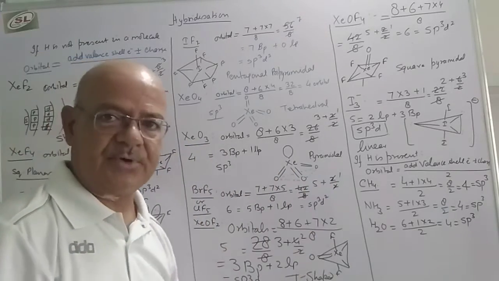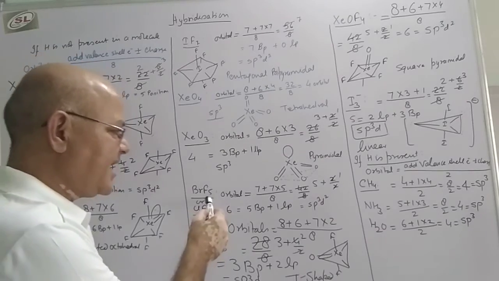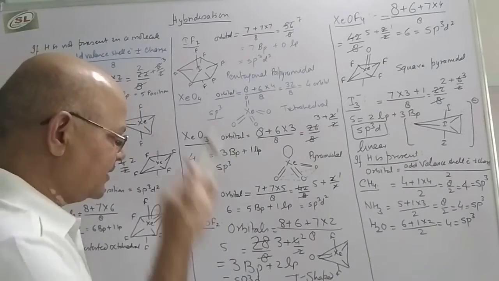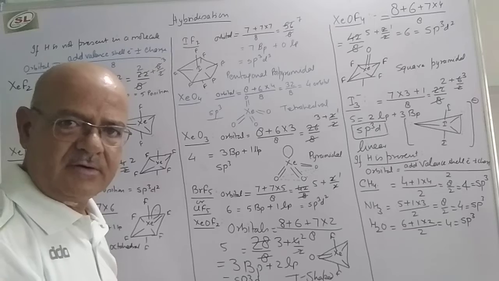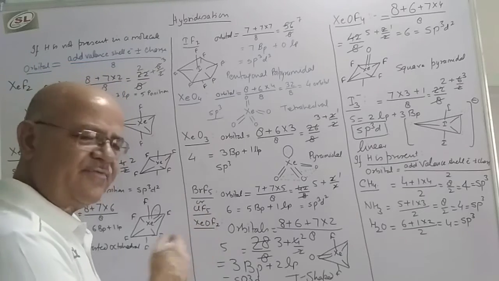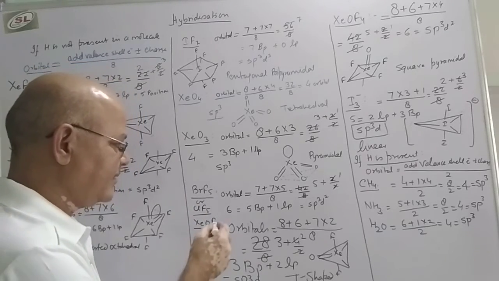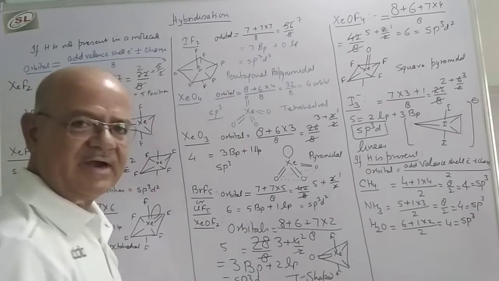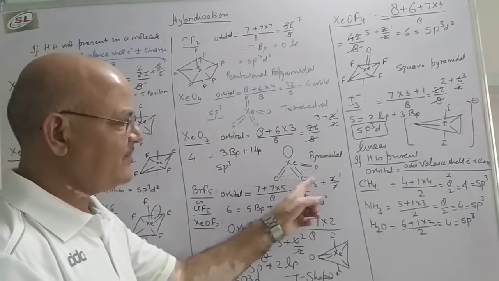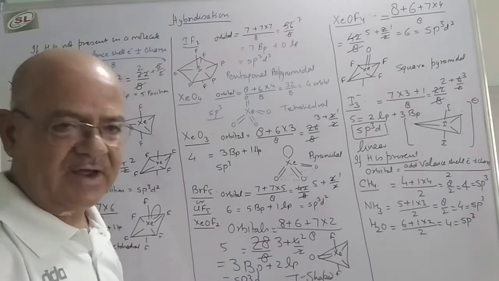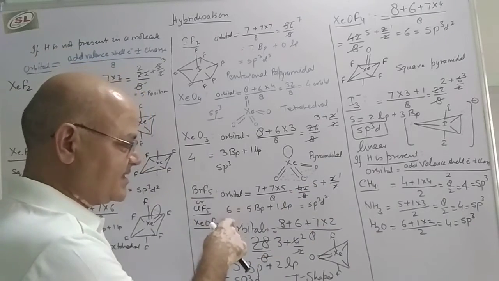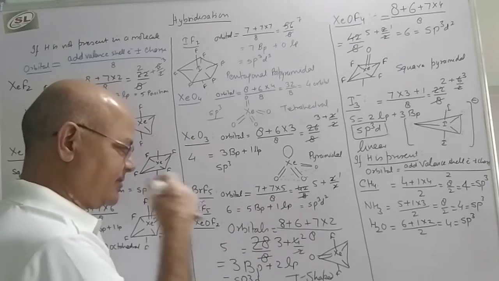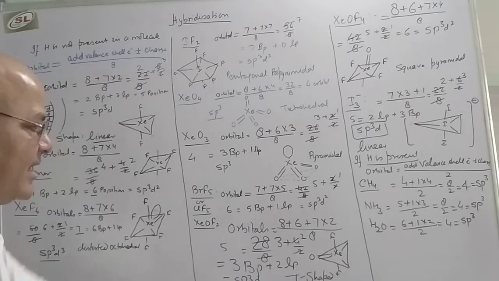This is pyramidal geometry. In BrF5, you will see, Br is having 7. BrF5 or ClF5 is one and the same thing. So 7 plus 7 into 5, 42 divided by 8. 8 5s are 40 and 2 divided by 2, so it will come 1. 5 bond pairs and 1 lone pair.